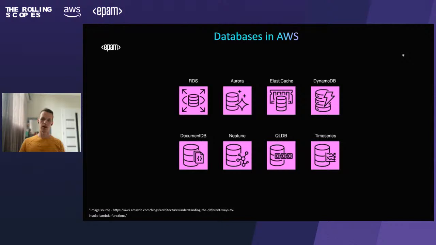The next one is DynamoDB. The best point about DynamoDB is that it's a proprietary database built by AWS themselves. It's just a NoSQL database, let's say a key-value storage, where we can store all the necessary data.